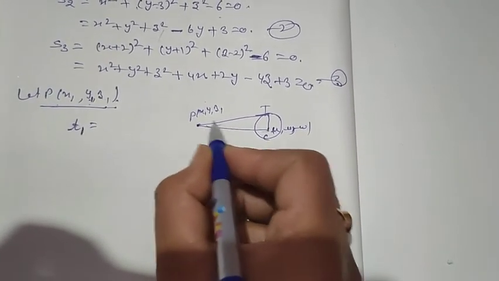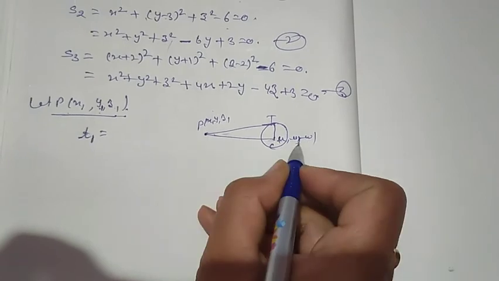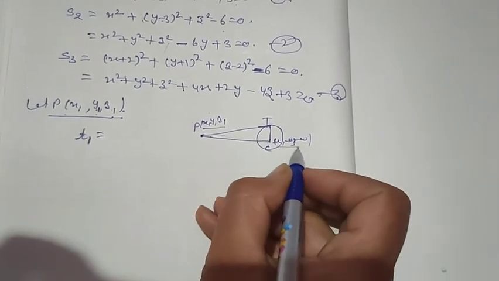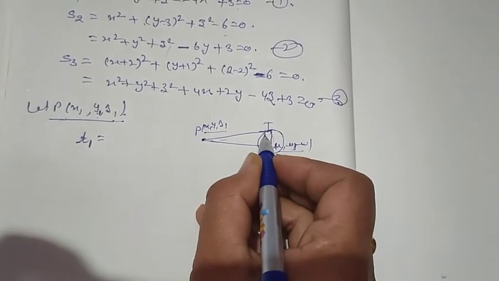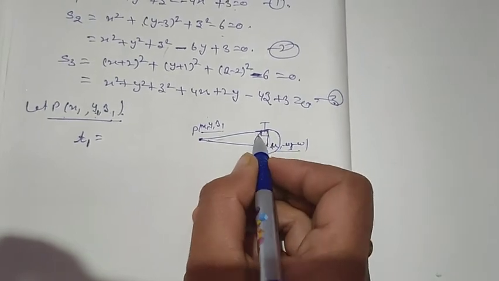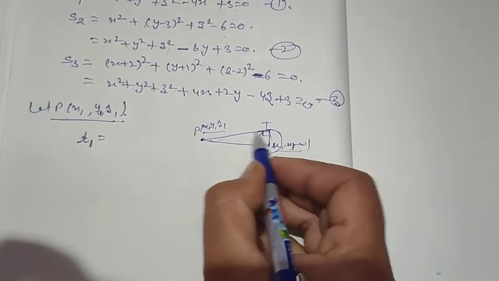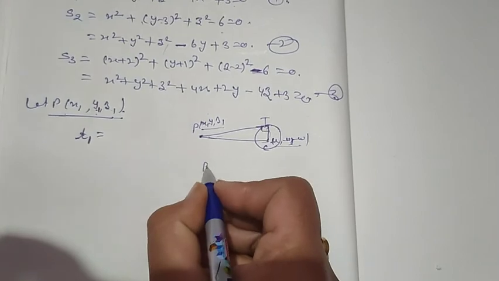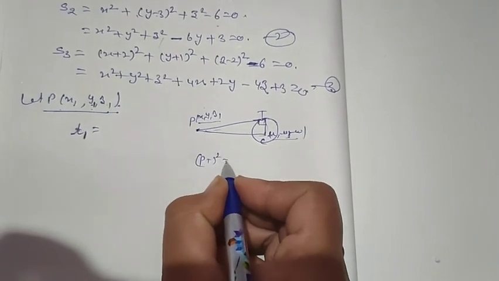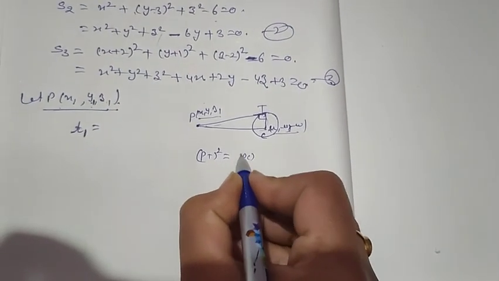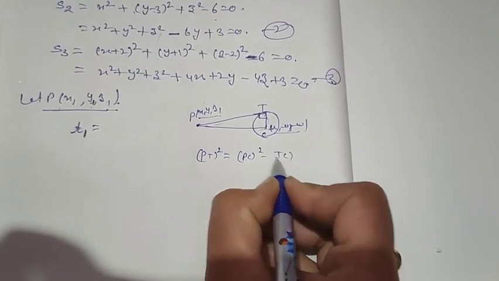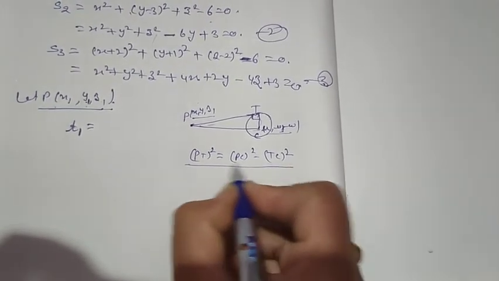We find this distance by the distance formula. This point is given, this point is given, this is the radius, this is the perpendicular. We find the length of tangent: PT square is equal to PC square minus TC square.